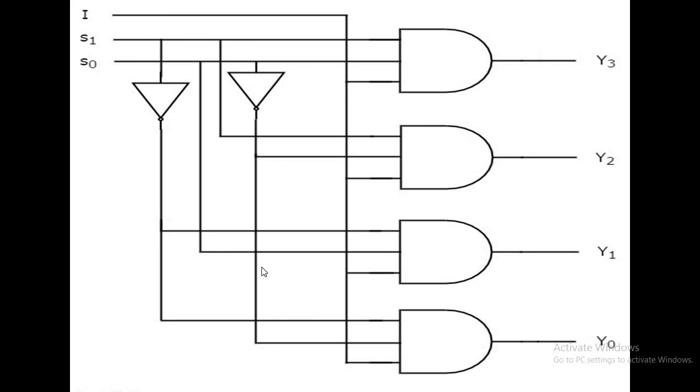From this S1 complement, I will derive one line here. This is the S0 complement, from which I will derive a line. And this is the I. So this is the value of Y0, Y1, Y2, Y3, and this is the logic diagram of your 1 cross 4 demultiplexer.